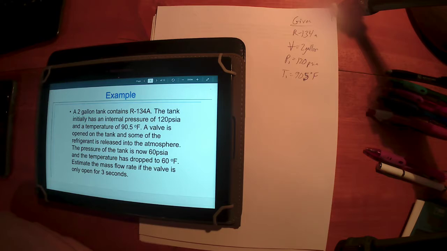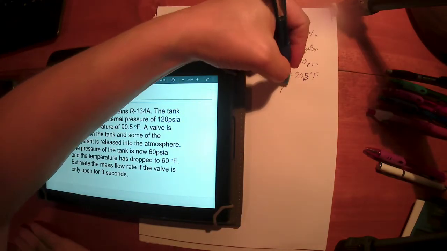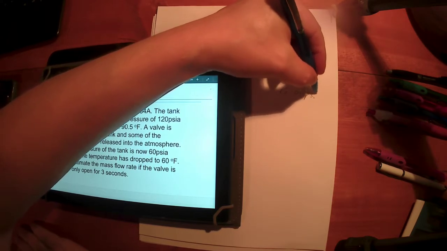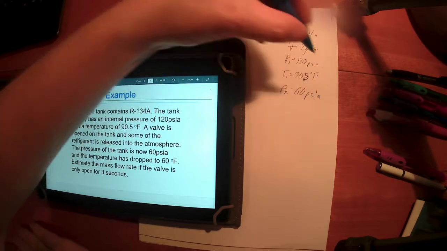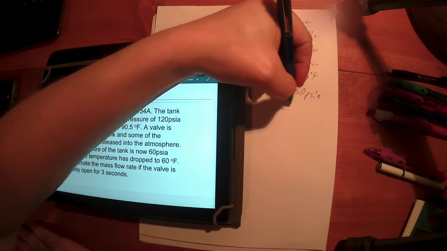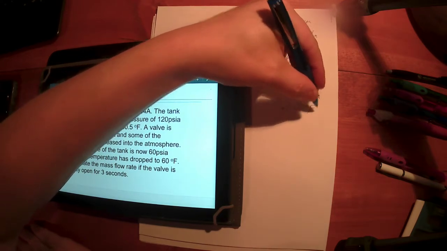But anyway, the valve is opened, some of the refrigerant gets released into the atmosphere, and we've got a pressure valve on this tank, and it tells us after the incident has occurred, I've got a final pressure of 60 pounds per square inch absolute, and the temperature drops to 60 degrees Fahrenheit.